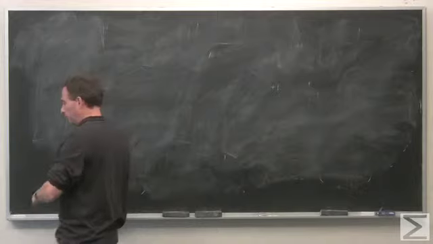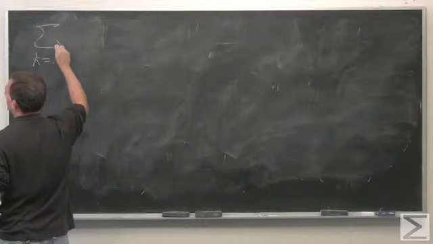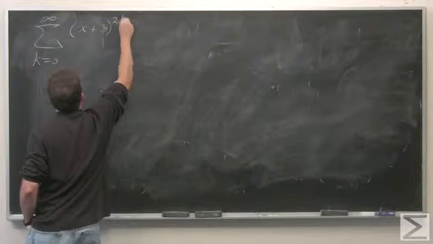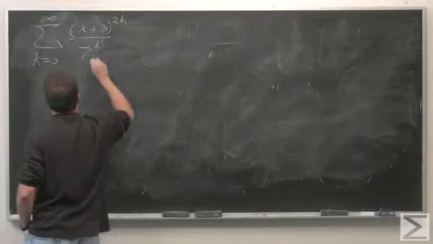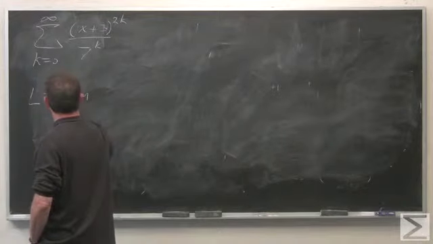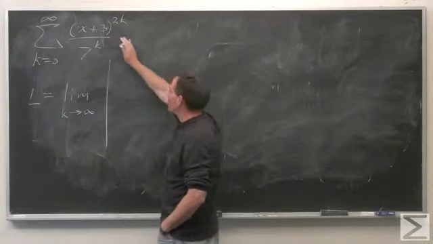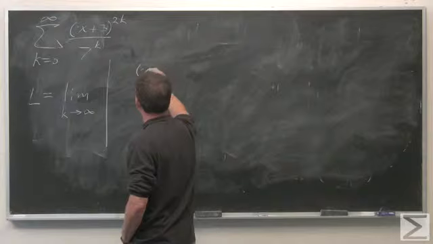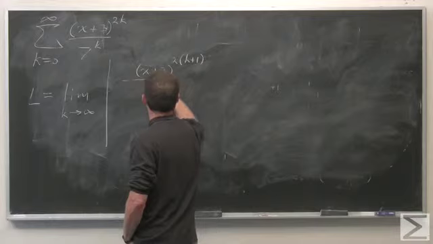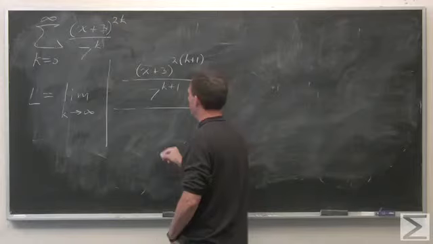Okay, so let's look at this series. So the ratio test, you take the limit as k approaches infinity of, you take the (k plus 1)th term, so you replace all the k's by k plus 1s, and you divide by the kth term.